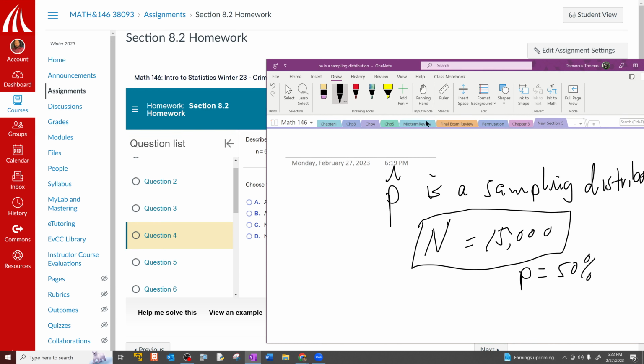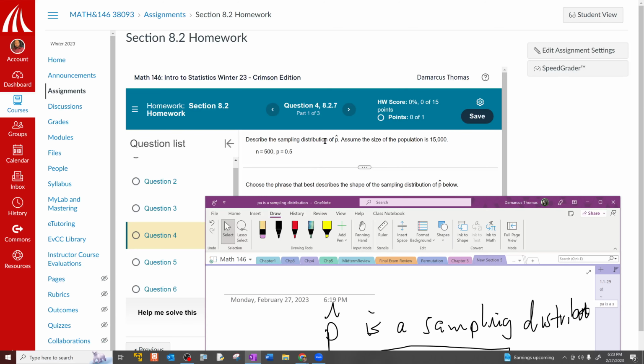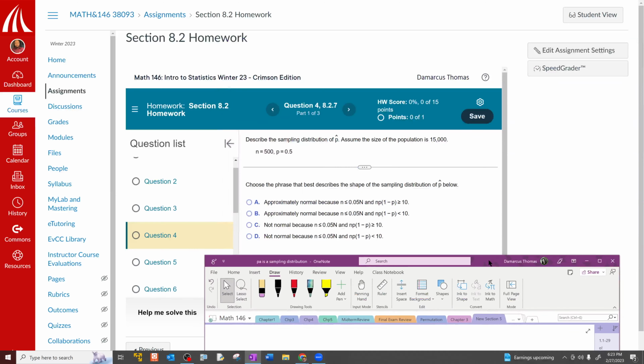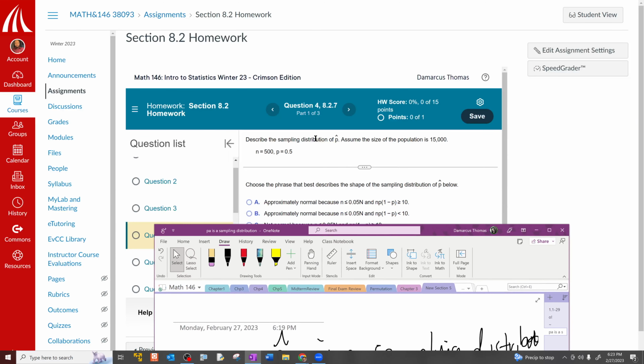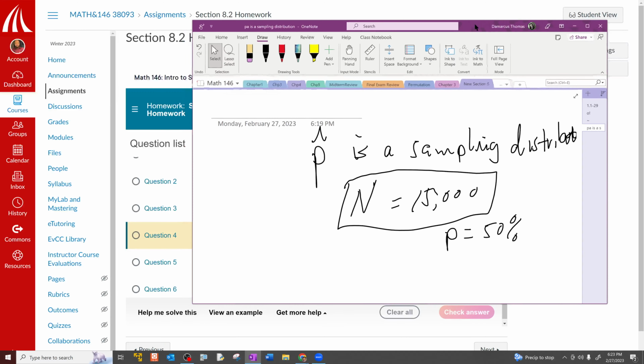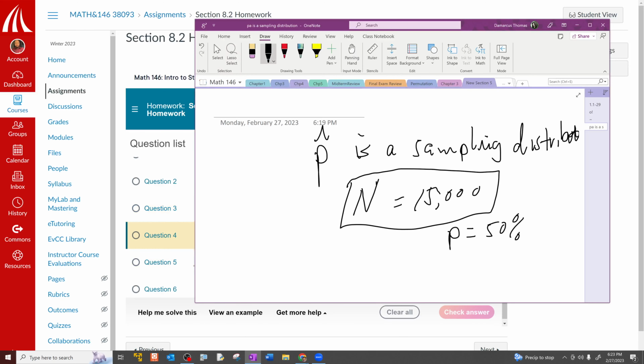All right, and so now what we want to do is answer some questions about the sampling distribution p hat. And the thing about that sampling distribution is it's not the entire population. It's only 500. So the sample is 500.